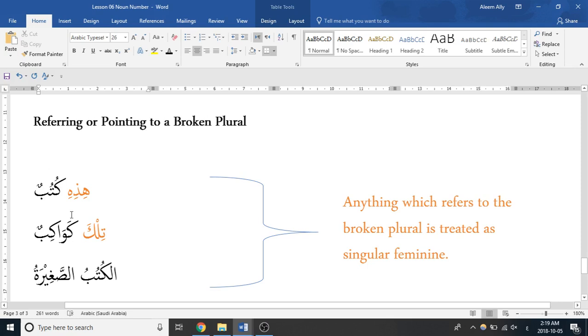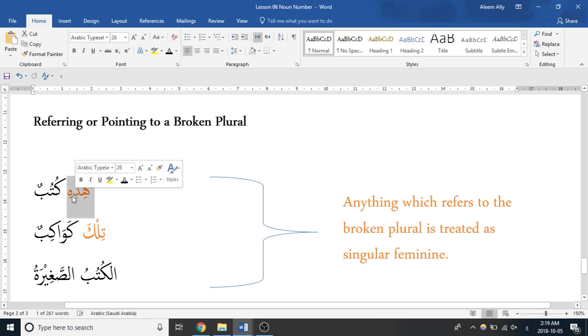That's translated as those books, even though this is singular. That doesn't mean those. If it was those, it'd be haulai, but rather it's hadihi. And hadihi is usually used to point to one feminine thing. But in this case, since it's pointing to a broken plural, we use the singular feminine, right?